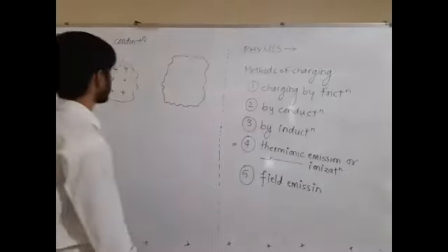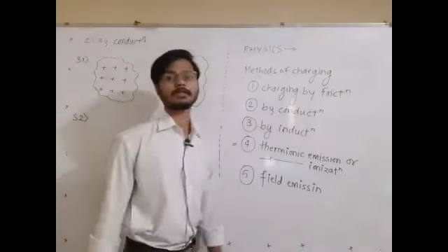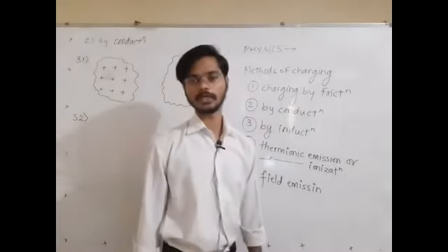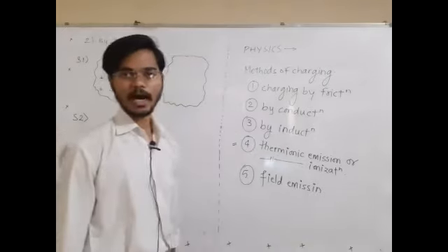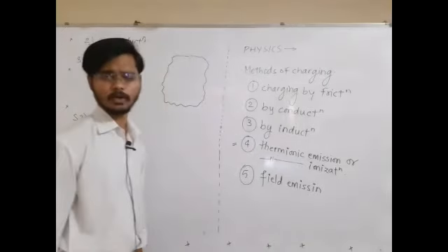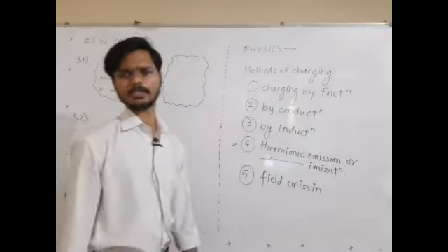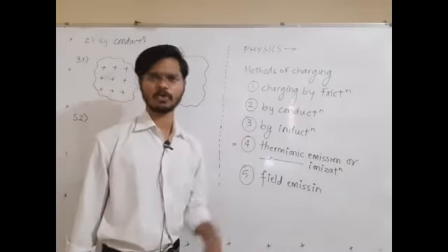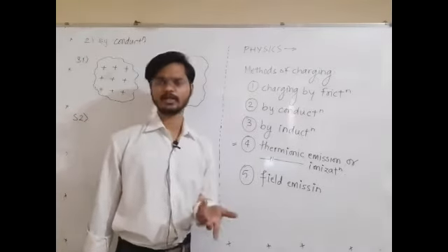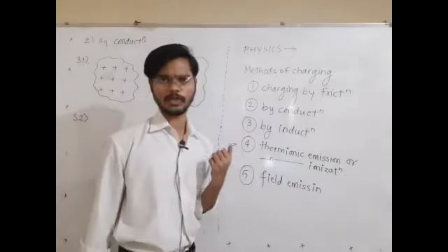Examples of conductors are aluminum, gold, silver, copper, iron. Generally metals are good conductors. There are examples of non-metals, for example graphite, which is also a good conductor of electricity.